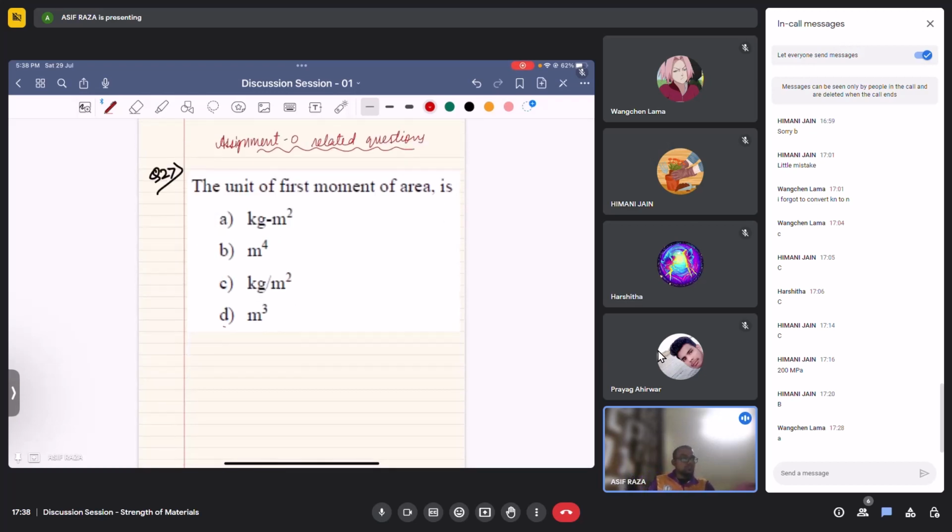So let's do this. The question is, unit of first moment of area is, and options are kg meter square, meter to the power 4, kg per meter square, and meter cube. So what do you think? What is the answer? Let's see if you guys are still there or not.